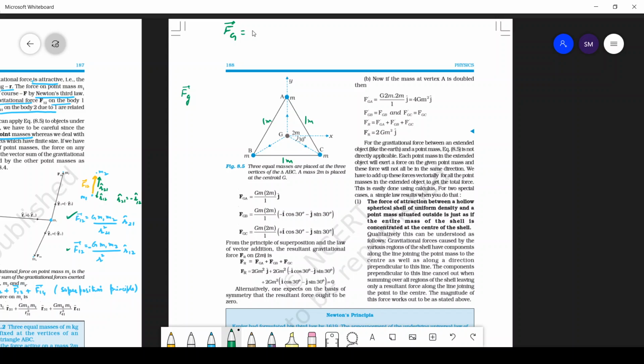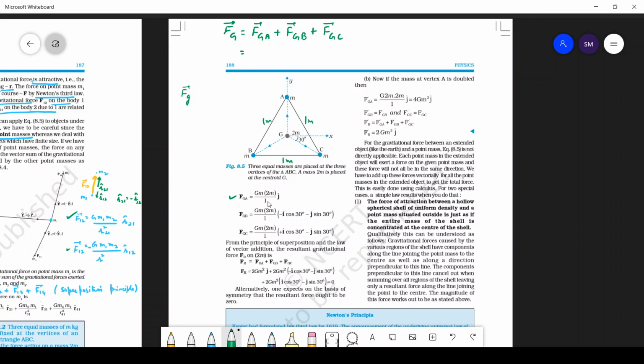Force at G due to the mass at A, plus force on mass at G due to the mass at B, plus force on the mass at G due to the mass at C. So that's again the superposition principle, the force on the mass at G. So what is the force on mass at G? That is 2m. Now writing these values, what is FGA?